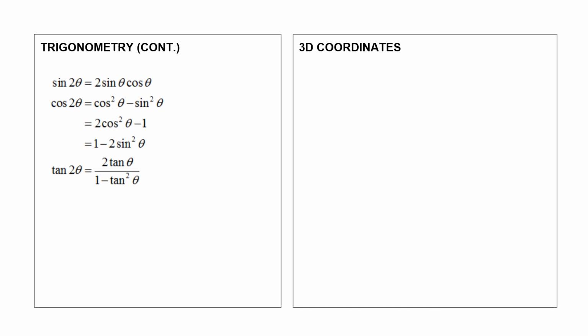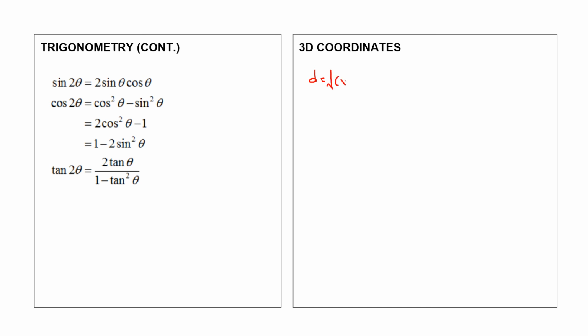In 3D coordinates, I'd like to note how the distance equation applies here. We know that for 2D, the distance equals the square root of x minus x0 squared plus y minus y0 squared. In 3D and further dimensions, it's the same thing.